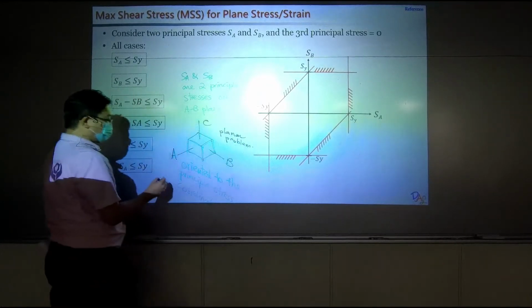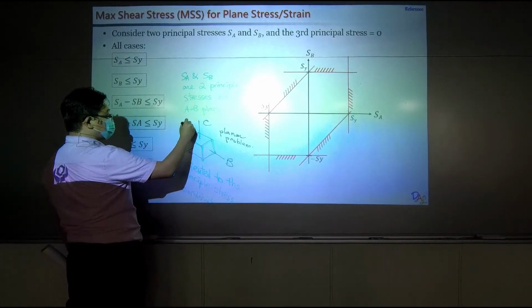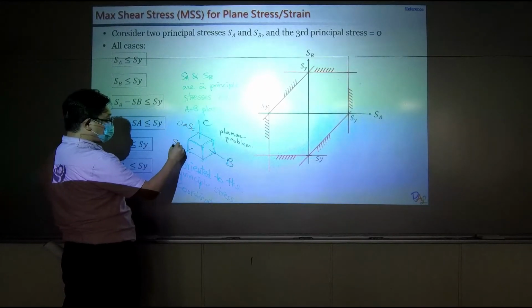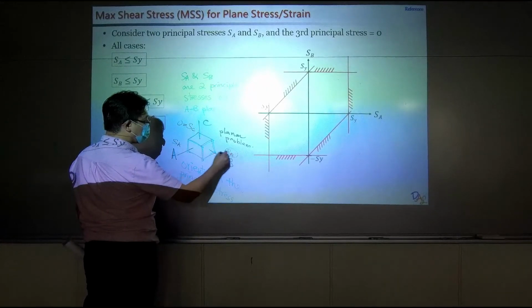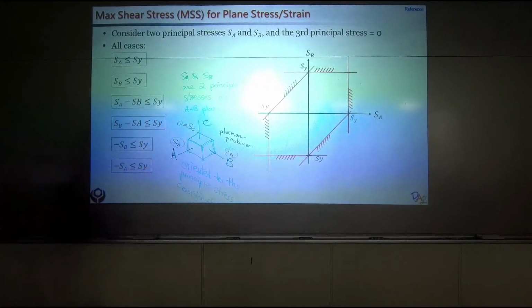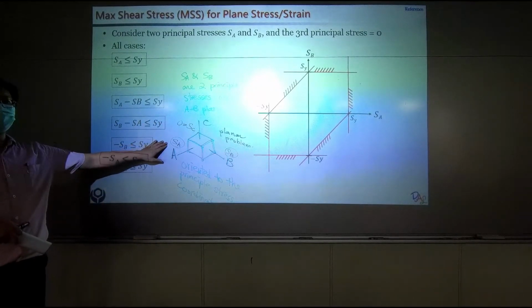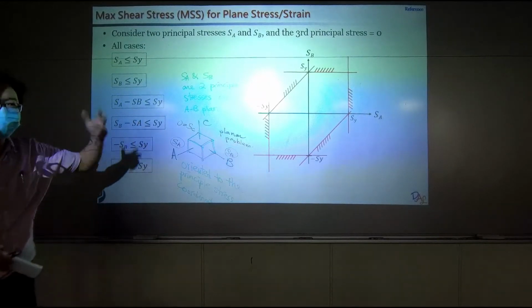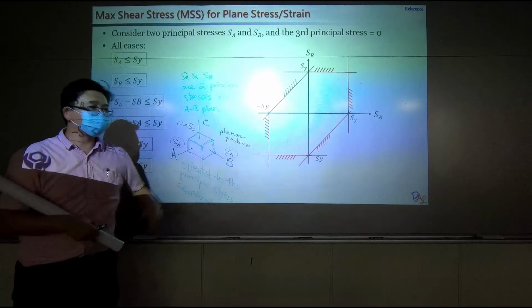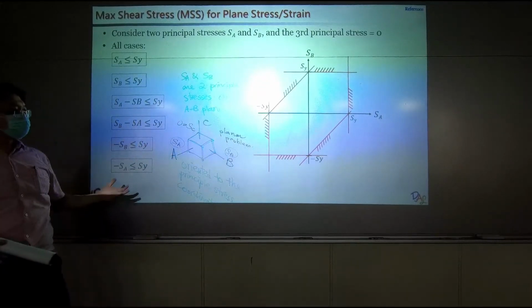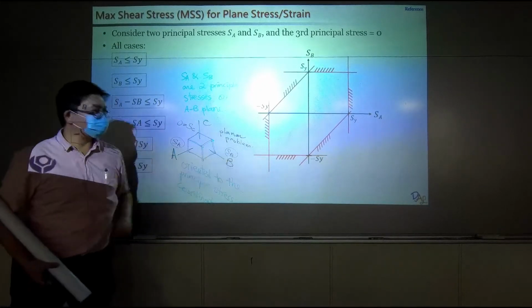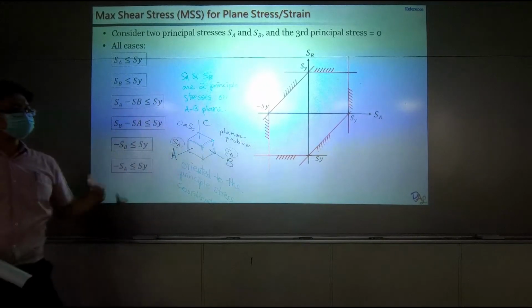So we only have sigma C will be 0, and we have sigma A and sigma B. Only sigma A and B. But the principal stress, the larger one, could be this one or this one. This is a general discussion. It doesn't guarantee this one should be the largest or this one. It could be any orientation, right?